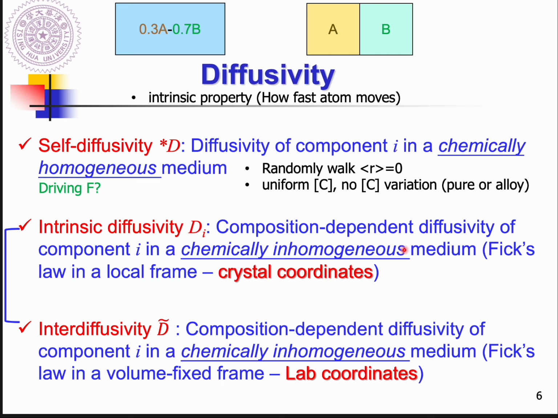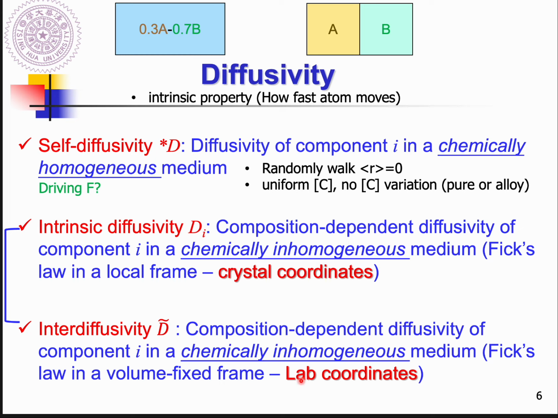So what's the difference between these two diffusivities? It would be the observation coordinate. This intrinsic diffusivity is where you stand inside the materials. So the observer stands inside the materials, and we call this the crystal coordinate.